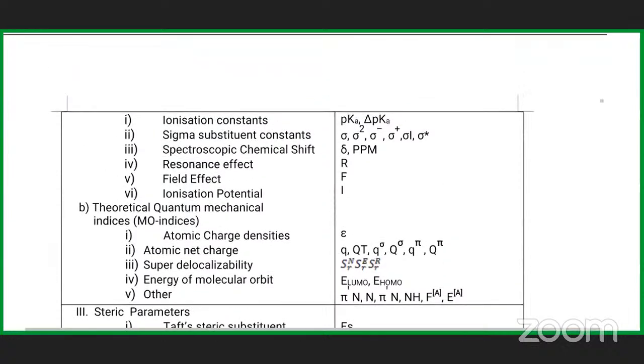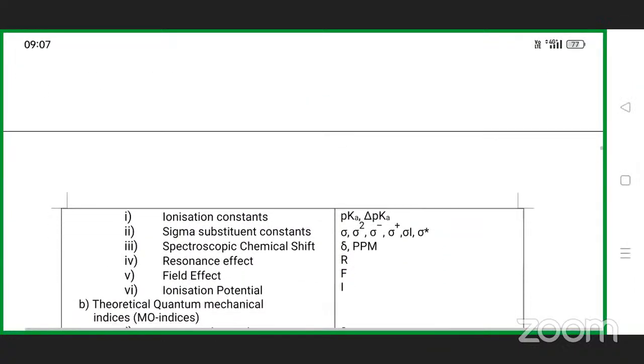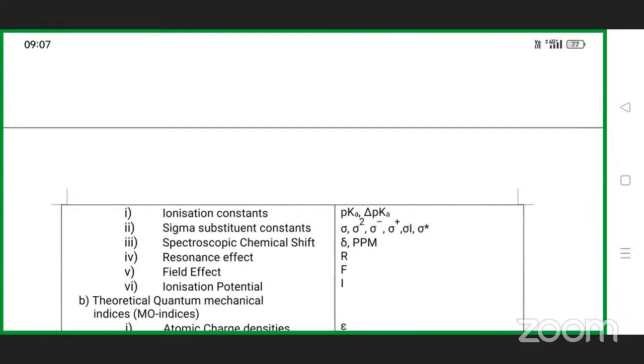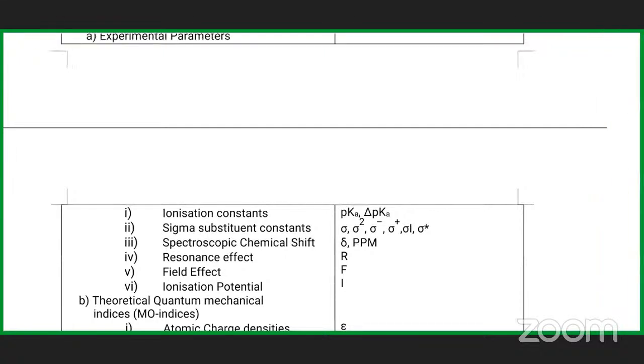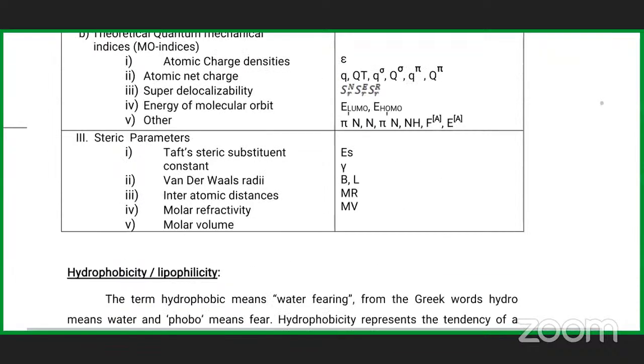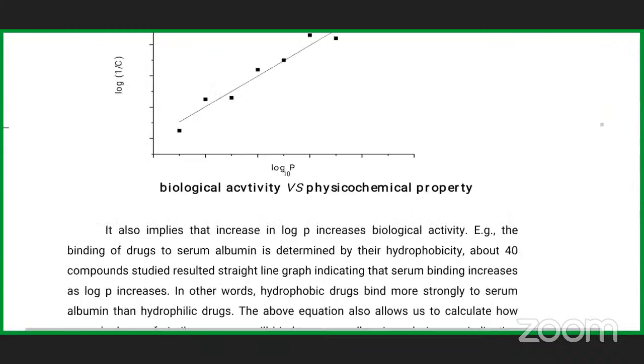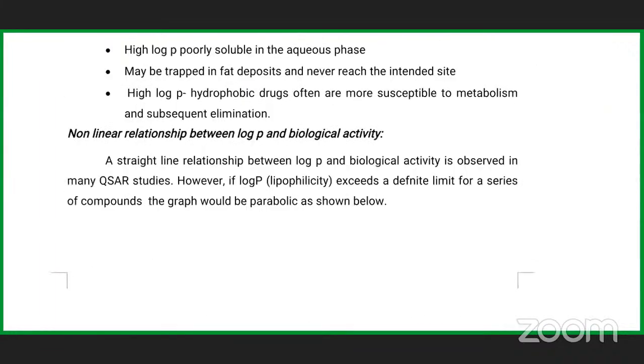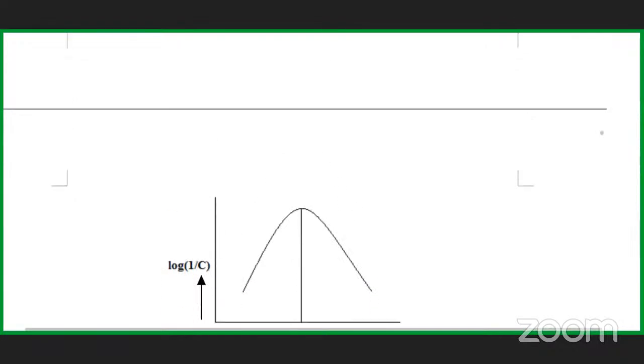But the important factors are the ionization constant pKa value, sigma substituent, resonance effect, and field effects. These are the important electronic factors, and they will impact your solubility pattern, elimination pattern, and distribution pattern.